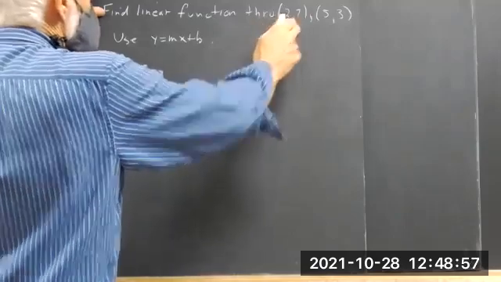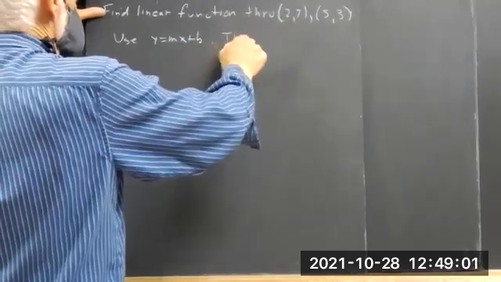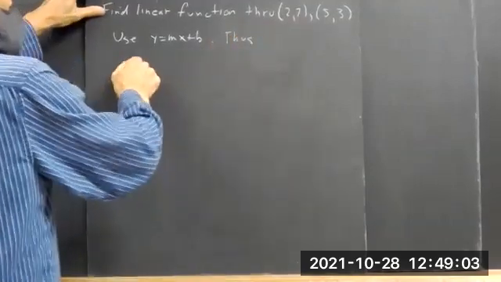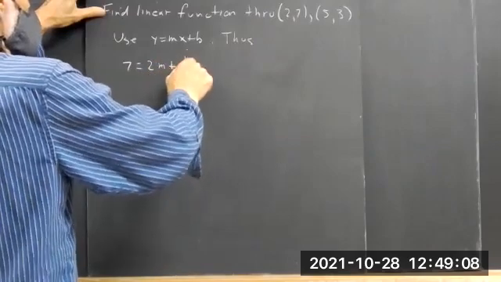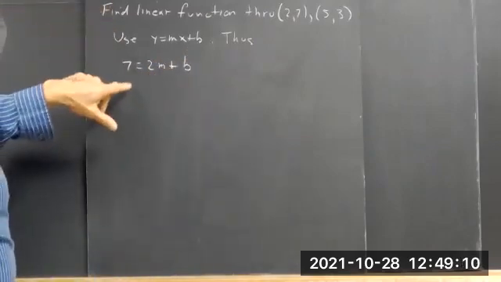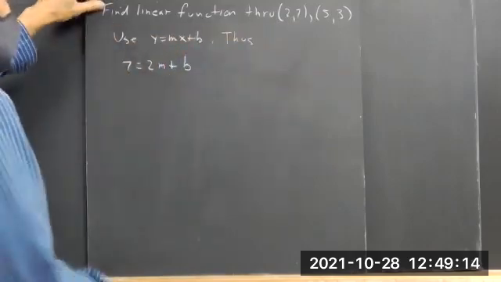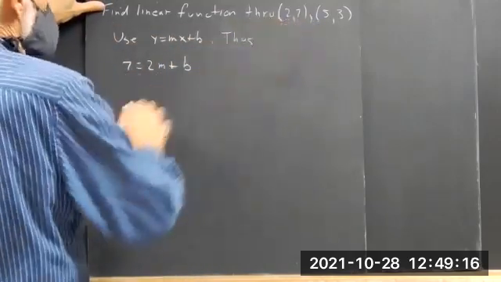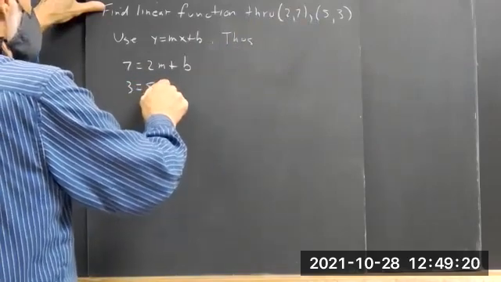You use x equals 2 and y equals 7. Then you plug in 2 for x and 7 for y, and you get this. And for (5, 3), y is 3 and x is 5.